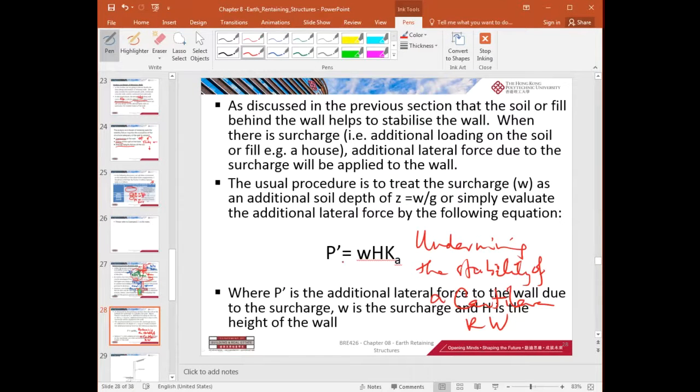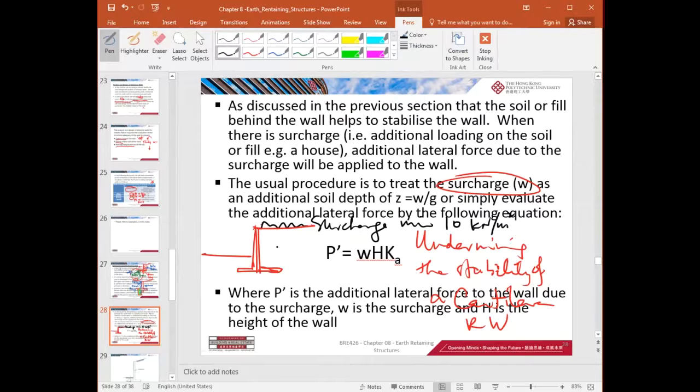Now let's talk about the surcharge, right? What's the surcharge? It means that if there is a retaining wall, sometimes you may have a surcharge here. Well, in the Geo guide, you have to design for a minimum surcharge of 10 kilonewton per meter square, right?